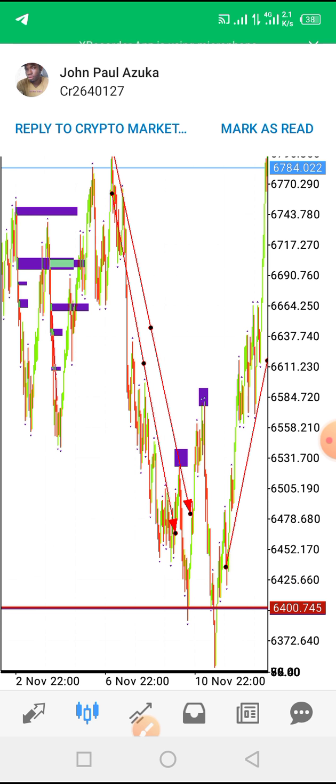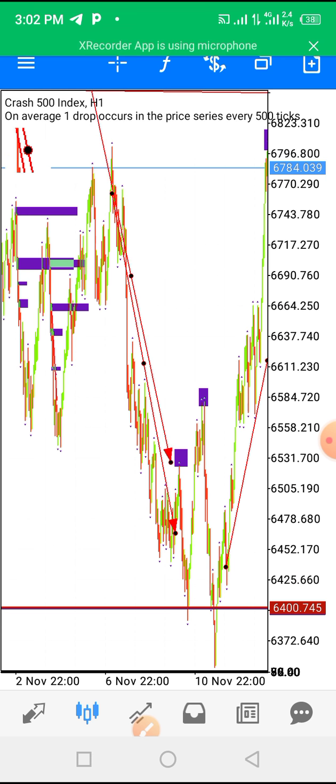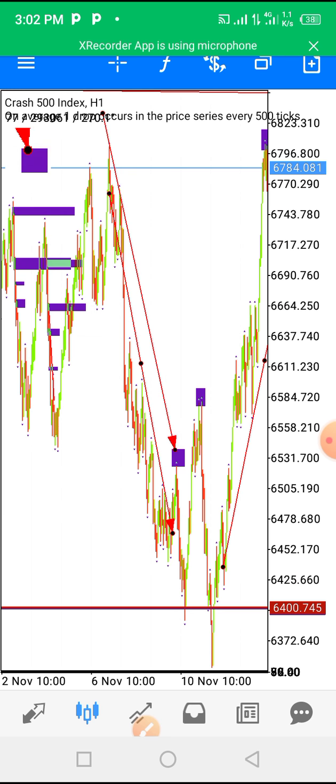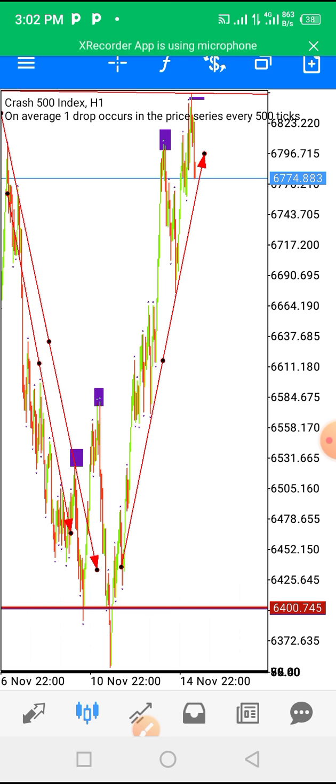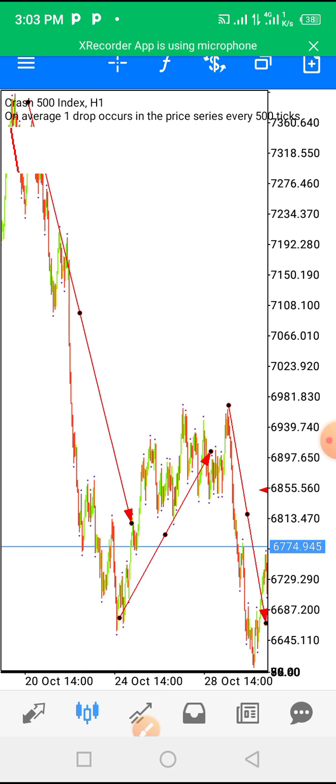But in a situation where the market is in descending order, the sellers have more power than the buyers, and we say the market is in a downtrend move.